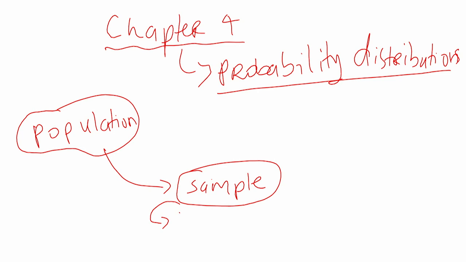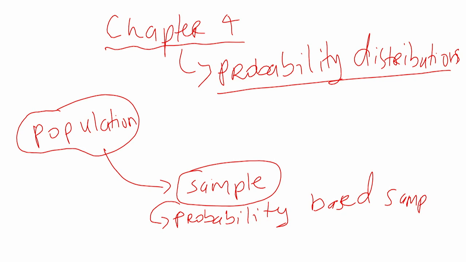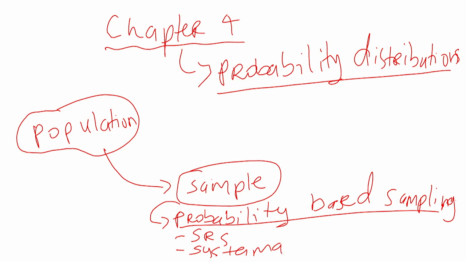It's either you use probability based sampling, which can be simple random sampling, or systematic sampling, or else stratified sampling.